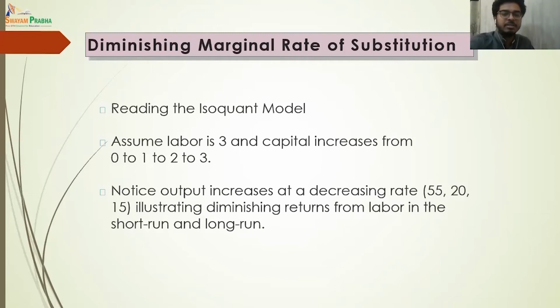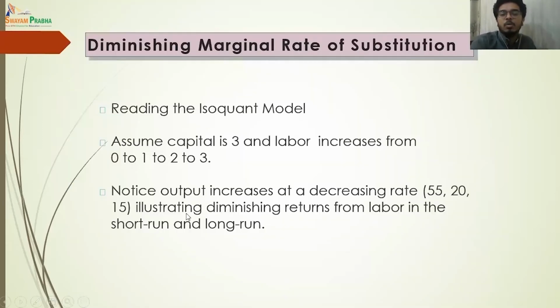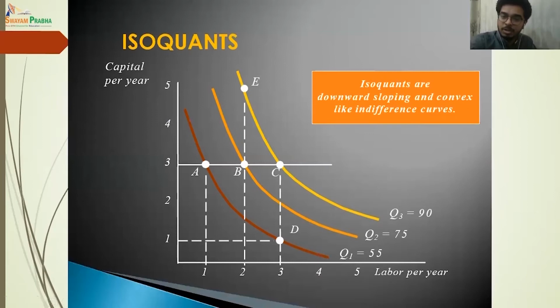sorry, over here first we discussed that we have 3 capital and labor increases from 0 to 1, 1 to 2, 1 to 3, and our quantity of production has increased from 55 to 75 and 75 to 90.